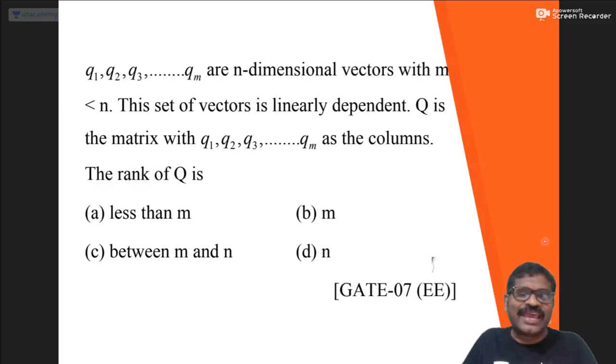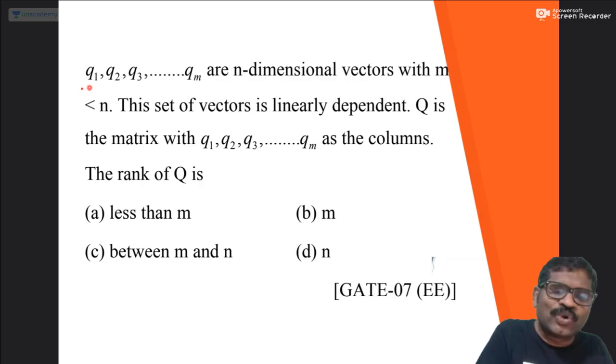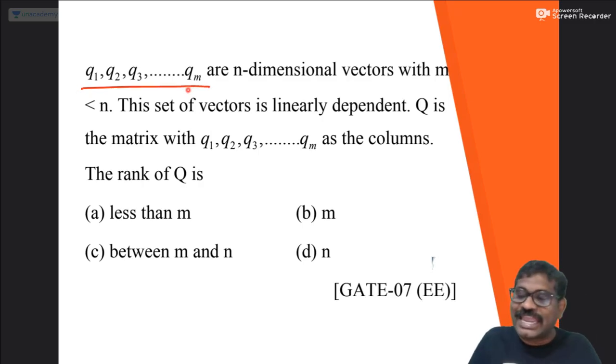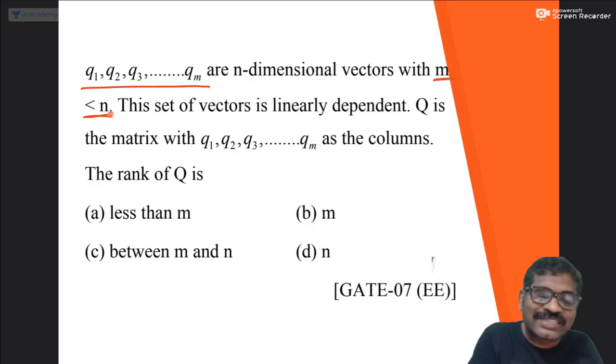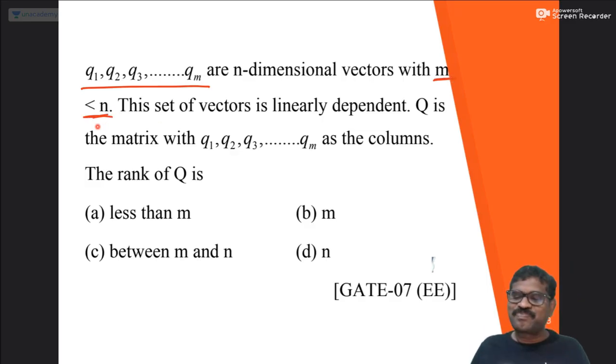Similarly, here Q1, Q2, Qm are n-dimensional vectors. The number of vectors is less than n, less than its dimension. The set of vectors is linearly dependent.